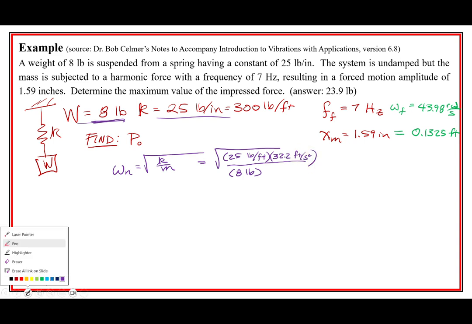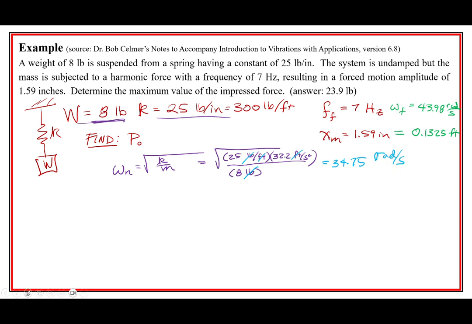You will find that the pounds cancel out and the feet cancel out, and now you just have the square root of 1 over a second squared. So when taken squared, it must be per second, which is fine. That's the form that we want. So we have 34.75 radians per second.